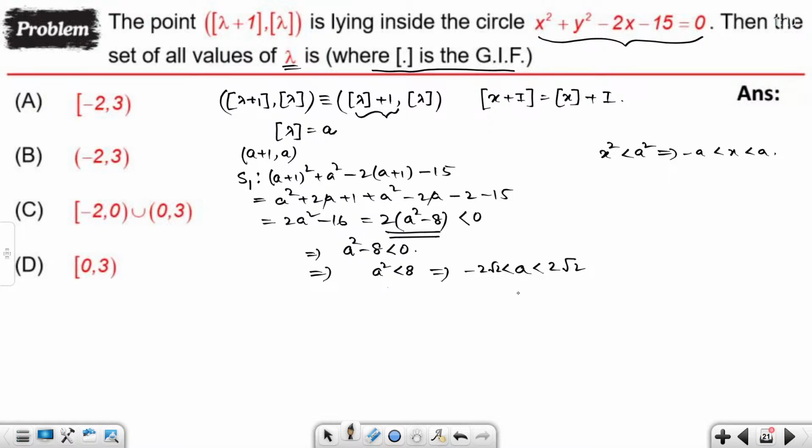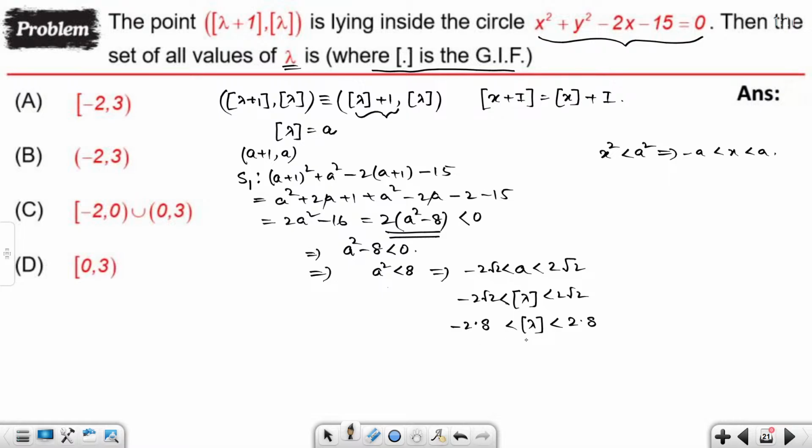And what is your a? a is nothing but box of lambda. So box of lambda is lying between minus 2 root 2. Root 2 is 1.414, into 2 will give us minus 2.8, and this is less than 2.8.